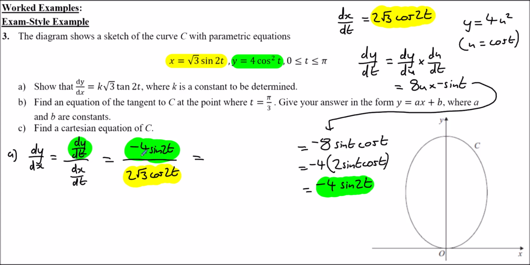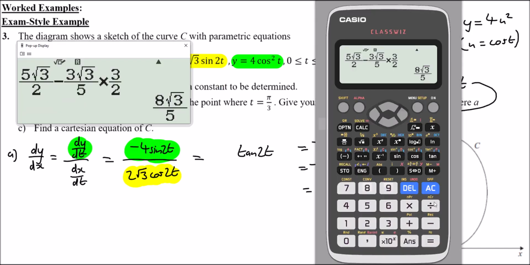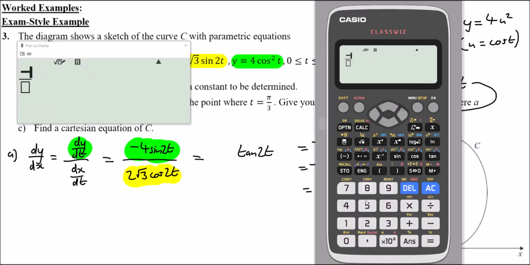So in terms of this value at the front, minus 4 over 2 root 3, I think the best thing to do is just use a calculator to work out what this is in terms of being k root 3. So if I just ignore the sine 2t over cos 2t and back myself to know this is tan 2t, I can then just do minus 4 over 2 root 3 on the calculator. So, press the fraction button, press minus 4 on the top, toggle down, press 2 root 3, and then get minus 2 root 3 over 3.